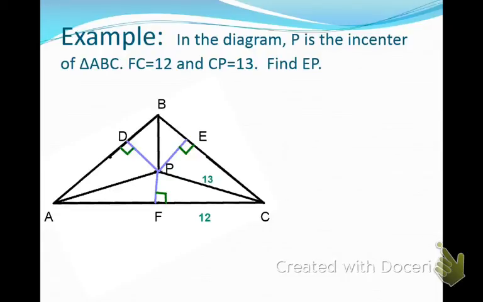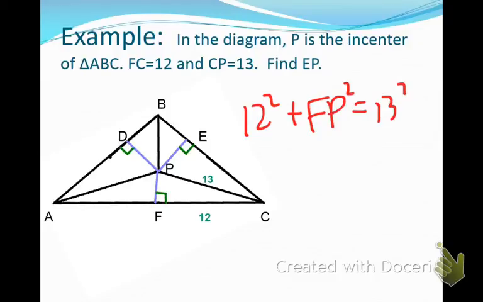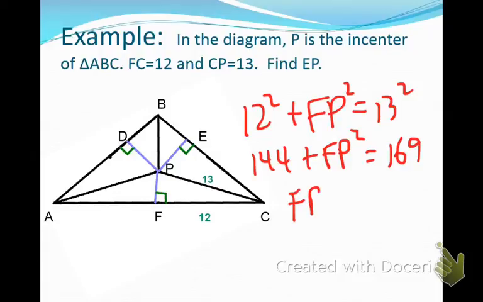So with the Pythagorean theorem, we would have 12 squared plus FP squared equals 13 squared. So that's going to be 144 plus FP squared equals 169. So FP squared equals 25.